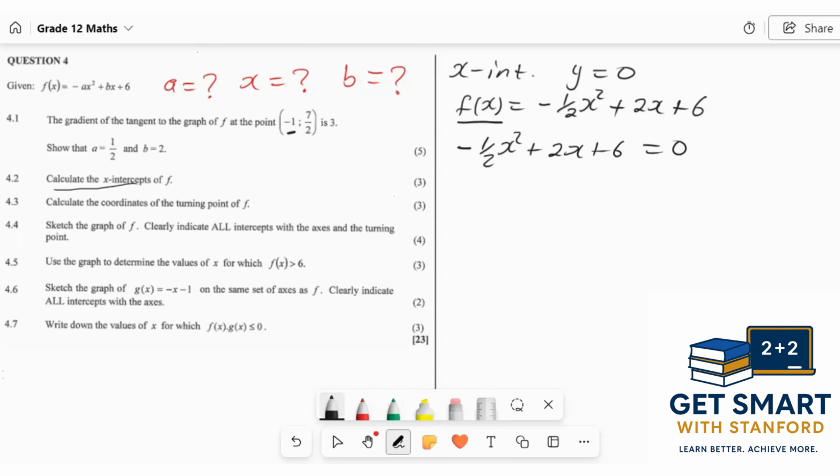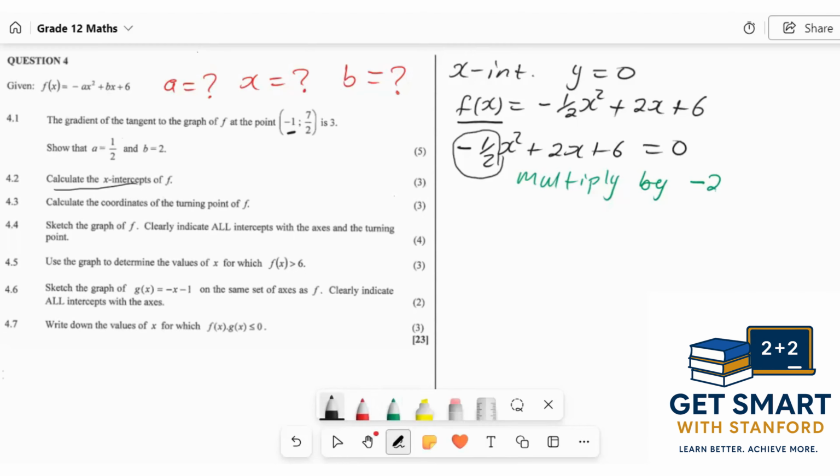Okay, so what can we do here? Because if you look at it carefully, for us to go and factorize when we have minus half there, it's not going to be very easy. So what can we do? Let us multiply each term by negative 2.